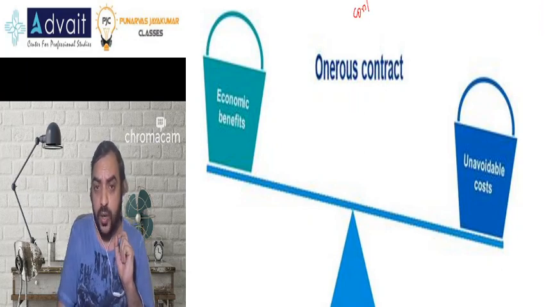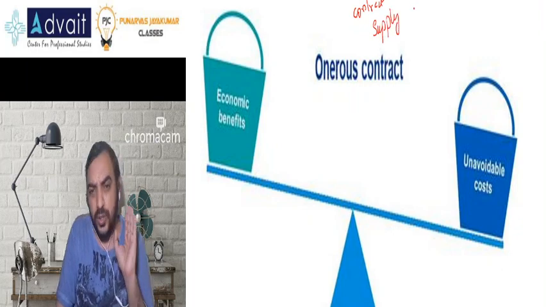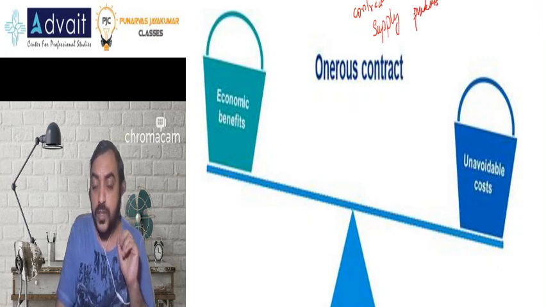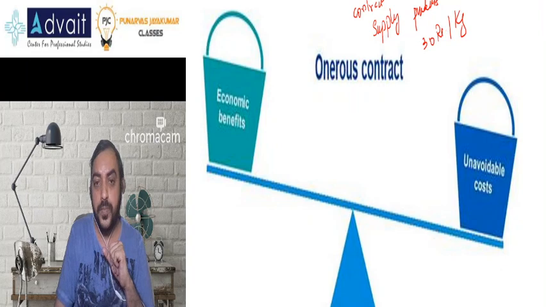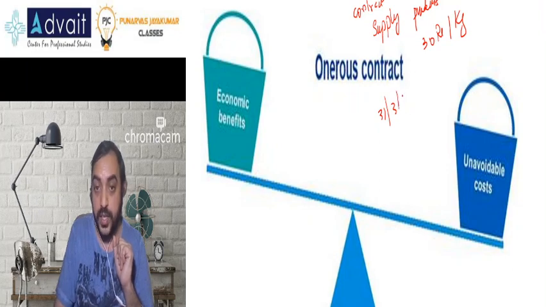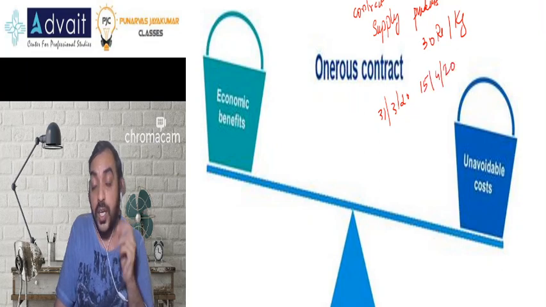Suppose there is a contract to supply certain products at rupees 30 per kg. And if you don't supply within a certain date, let's say you are on 31st of March 2020, and you have to supply within 15th of April 2020 a certain number.